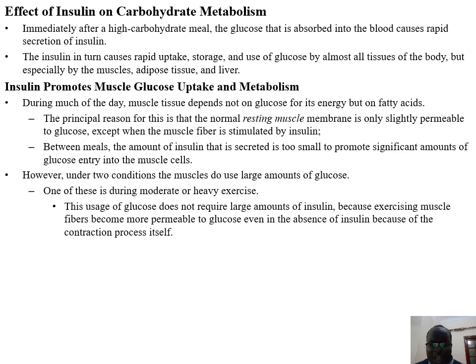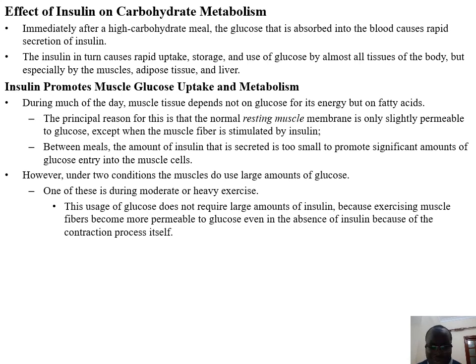However, under two conditions, the muscles do use large amounts of glucose. One of these is during moderate or heavy exercise. During moderate and heavy exercise, you can be using a lot of glucose, even in the absence of insulin, because exercise itself will increase the permeability of the membrane to glucose.